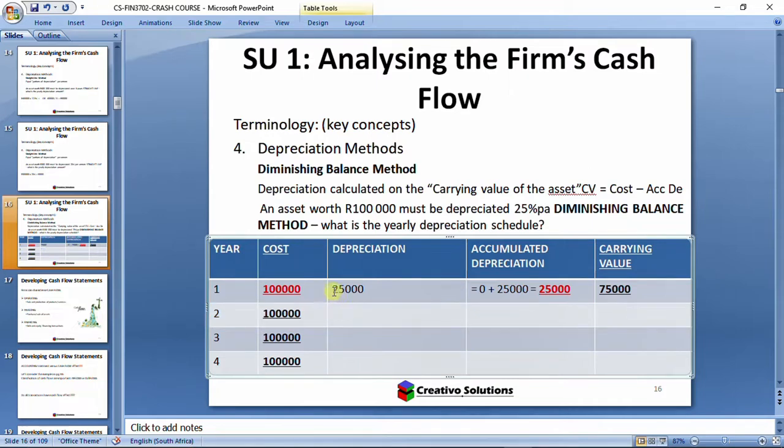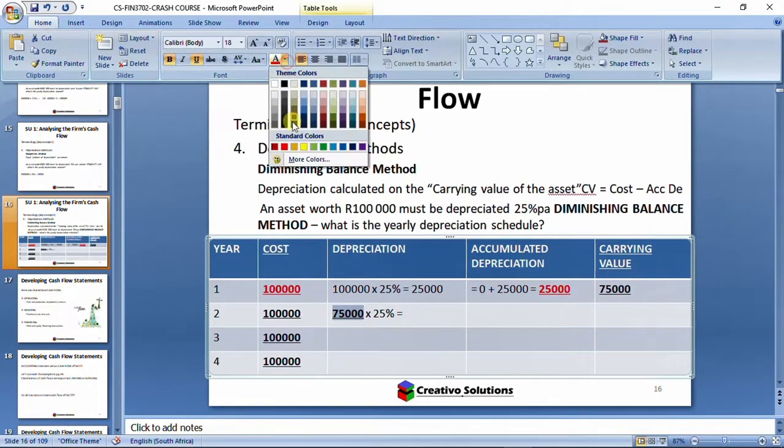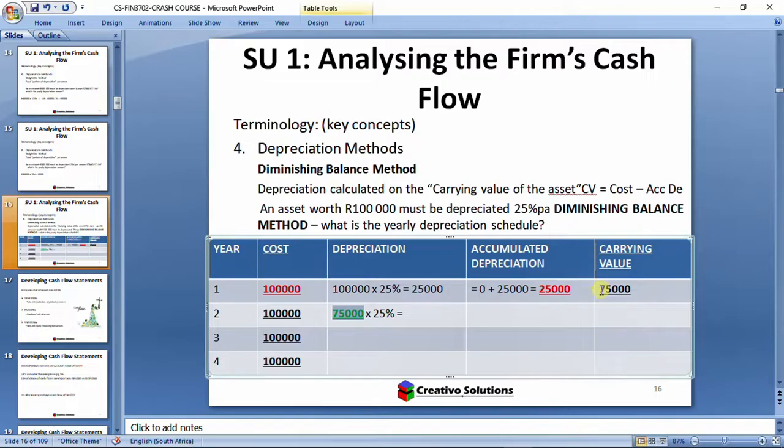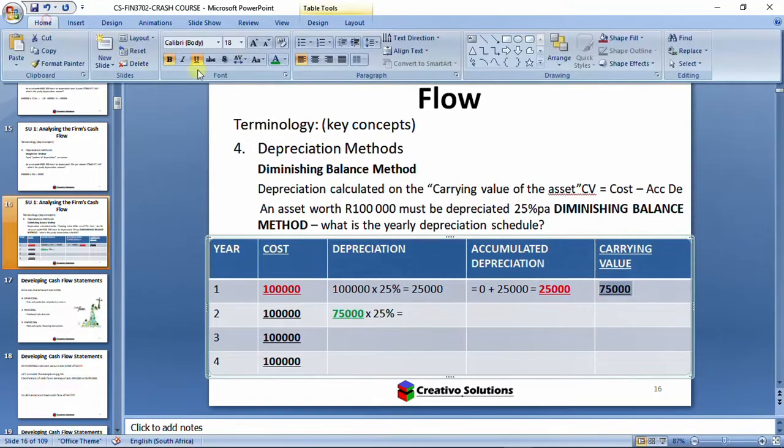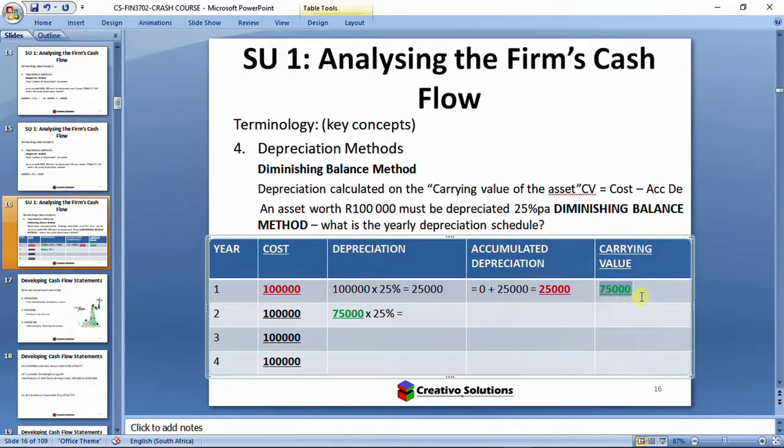Okay, maybe we should add this additional working here. Okay, do you see what you're doing? Yes. You're calculating the depreciation, taking the carrying value into consideration. Right, grab the calculator.